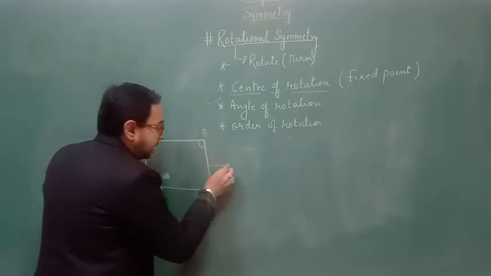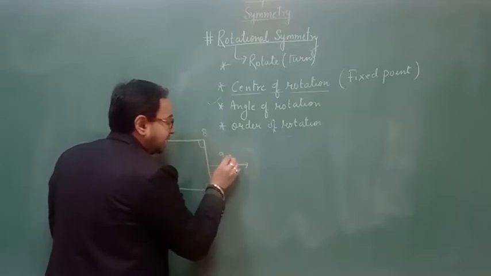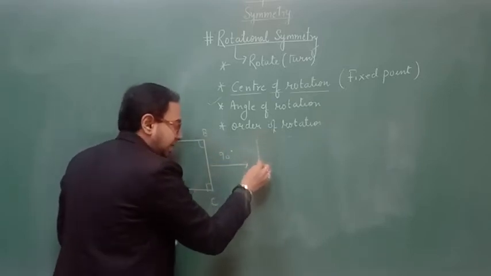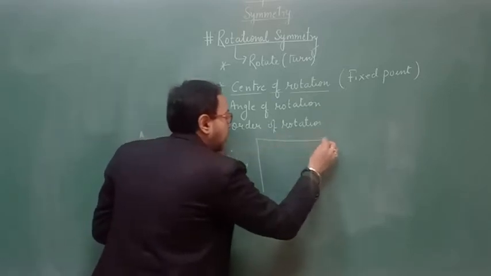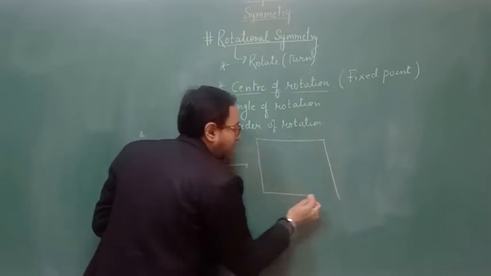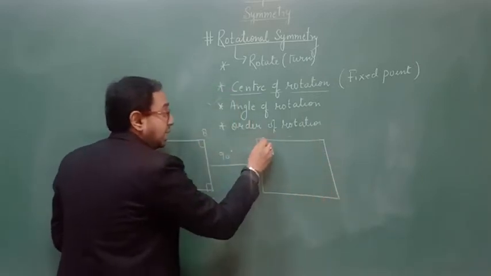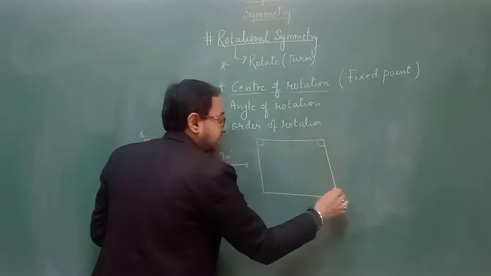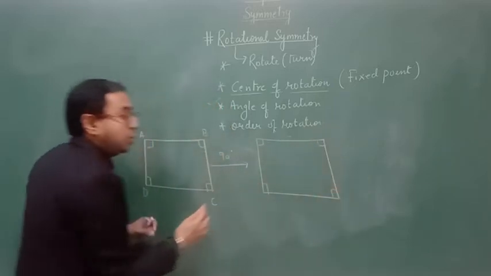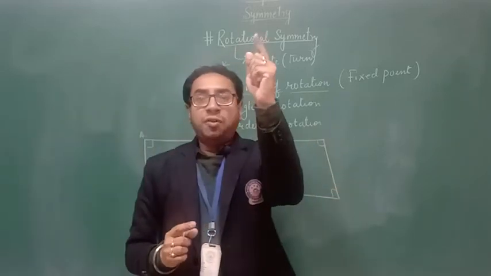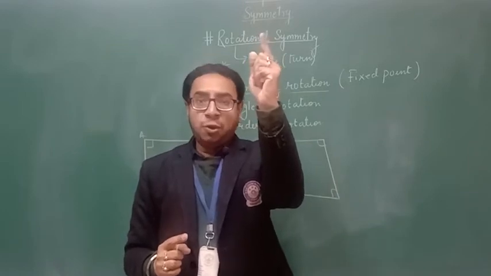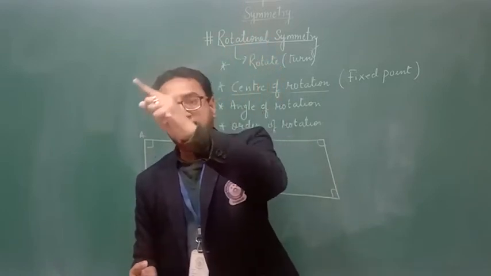If I rotate this square through 90 degrees, just see what will happen. Definitely, on rotating it, I'll get the square back. Yes or no? But see how it will rotate. On rotating through 90 degrees, the object is like this, and rotating 90 degrees, the object will become like this.